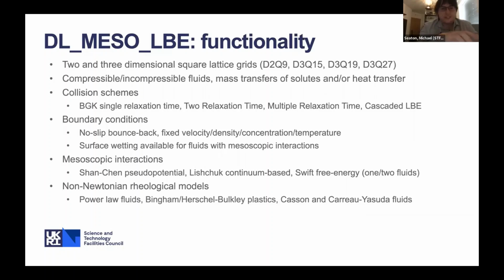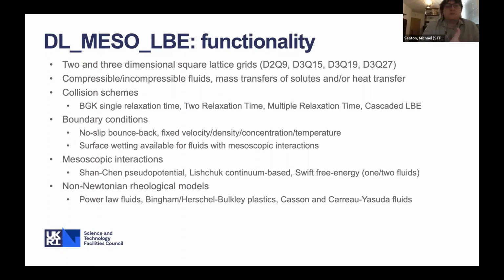So the various functionalities: we can model 2- and 3-dimensional systems. The number after D refers to the number of dimensions. The number after Q refers to the number of lattice links per grid point. The more you have, the more numerically stable it will be, but obviously the more time it takes to carry out the calculation.